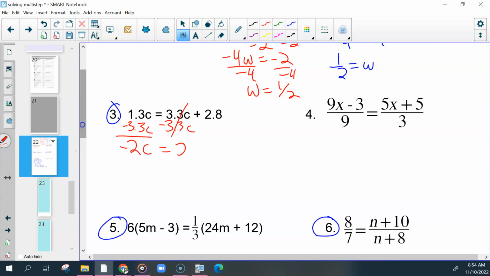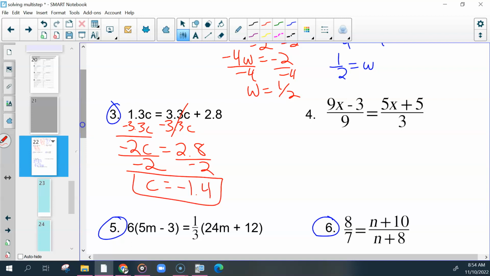Equals, those cancel, leaving just 2.8. And then we would still divide like normal. So what would c be? Emmett? -1.4.